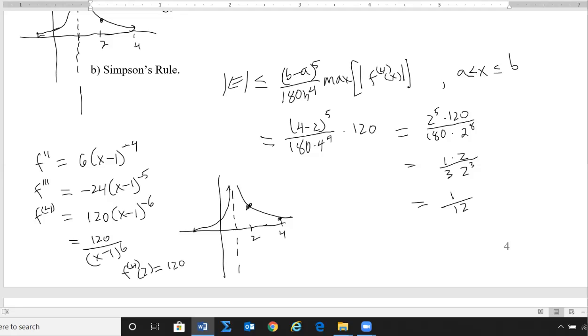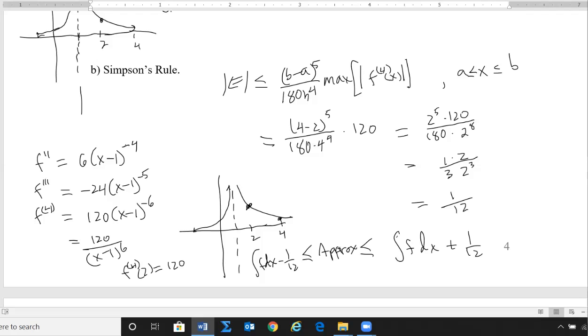So what it's saying is that your estimate, your approximation, will be less than or equal to the actual plus 1/12, and it will be greater than the actual minus 1/12. That's what it's saying. So this is your approximation, stuck in between here, the actual.